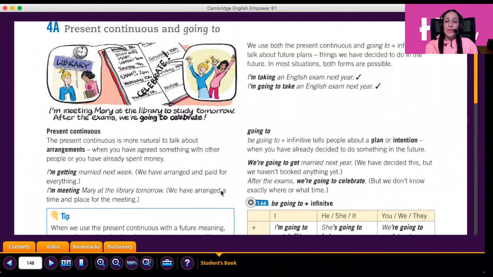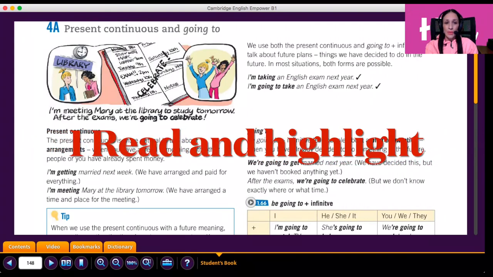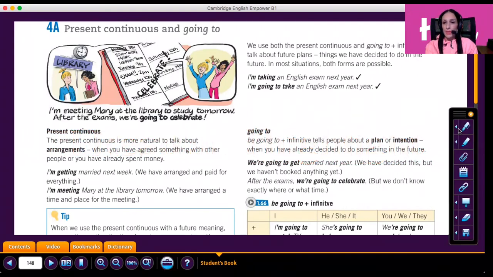So the first step is to read and highlight.